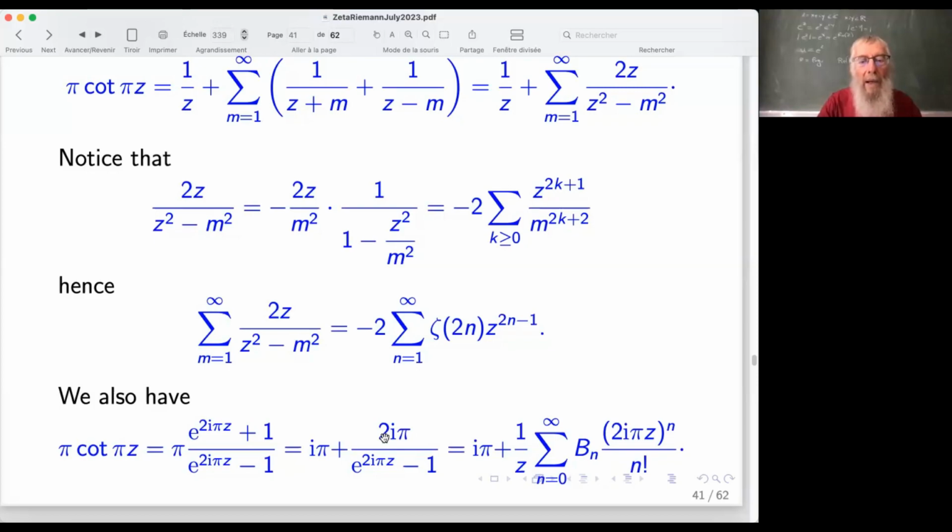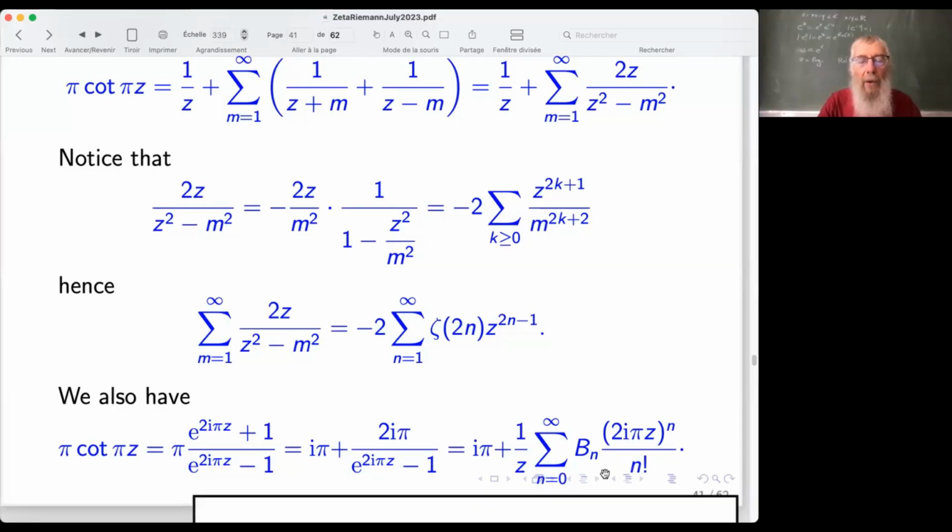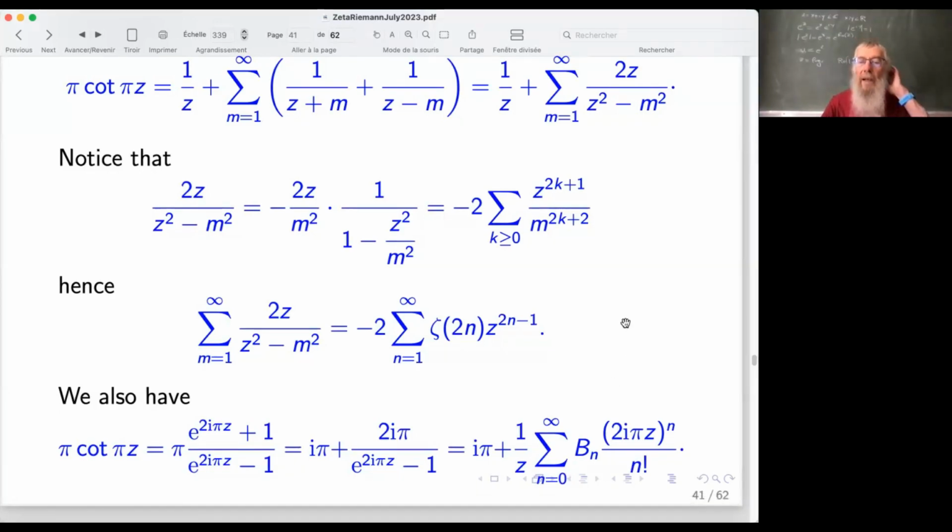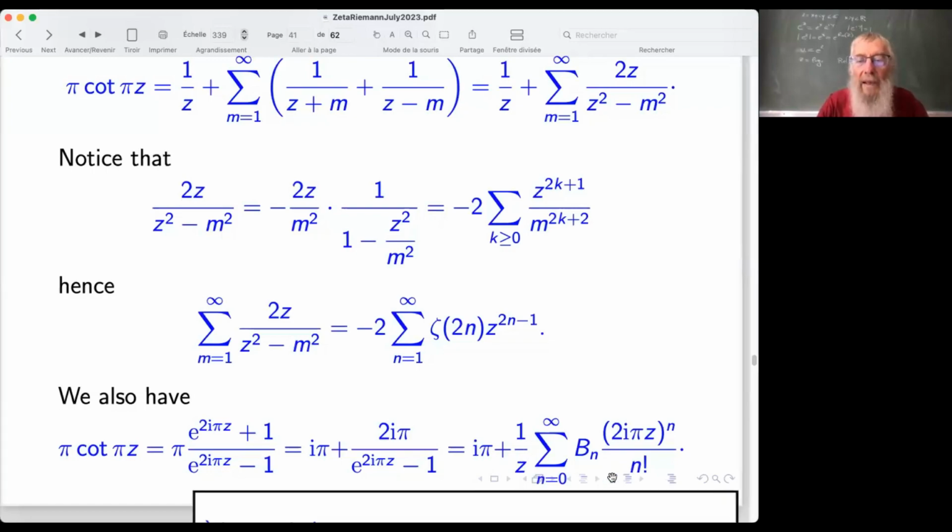So you have the 2i pi. And this 1 over exponential 2i pi z minus 1 is something that we have seen before. This is given by the Bernoulli numbers. So pi cotangent of pi z starts with i pi plus 1 over z times the sum of Bn (2i pi z) to the n over n factorial.